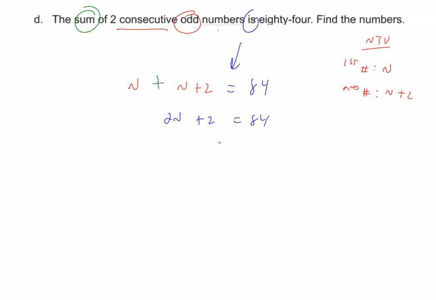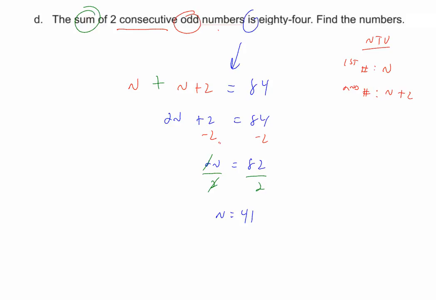Let's move things added to the variable first by adding their opposite. So you get 2n equals 82. Let's multiply by the reciprocal, or let's do the shortcut. Let's divide by that 2. 82 divided by 2 is 41. What is 41?